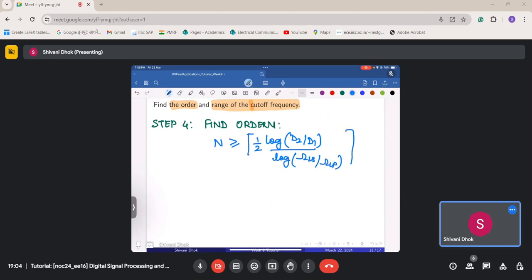Let's start with d1. This d1 is equal to 1 upon (1 minus delta 1) whole square minus 1.